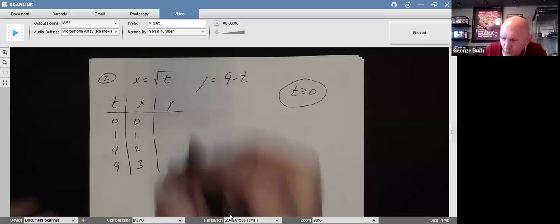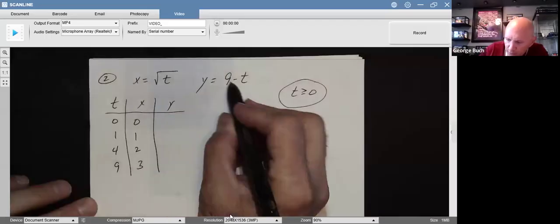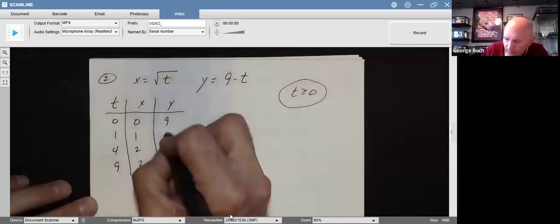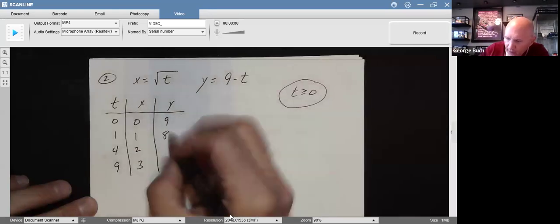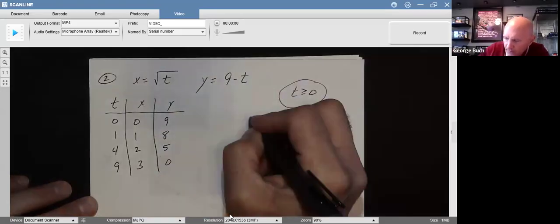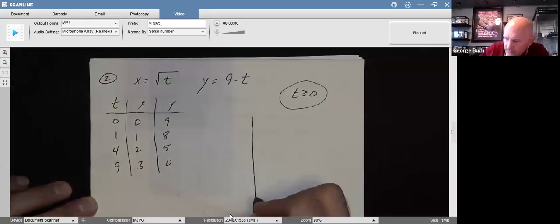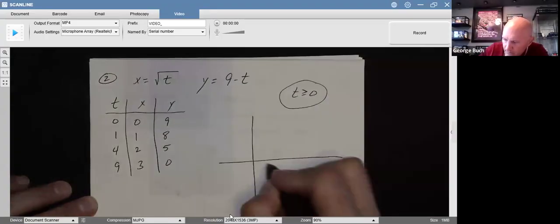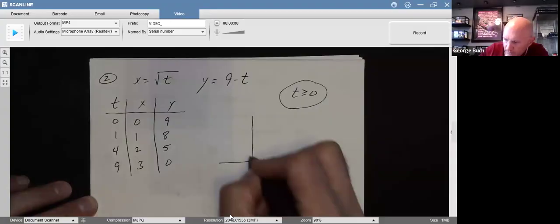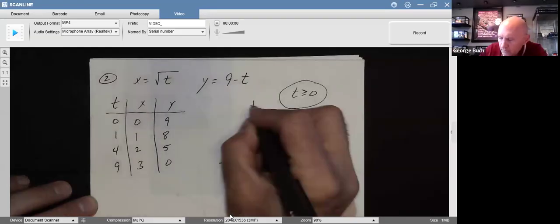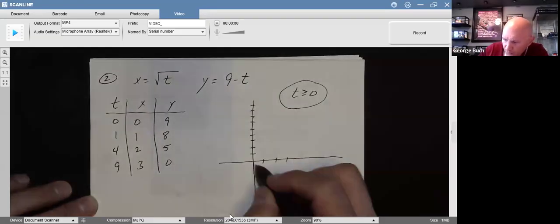Now, plug in our values for y. 9 minus 0 is 9. 9 minus 1 is 8. 9 minus 4 is 5. 9 minus 9 is 0. So we have one point at 0, 9.